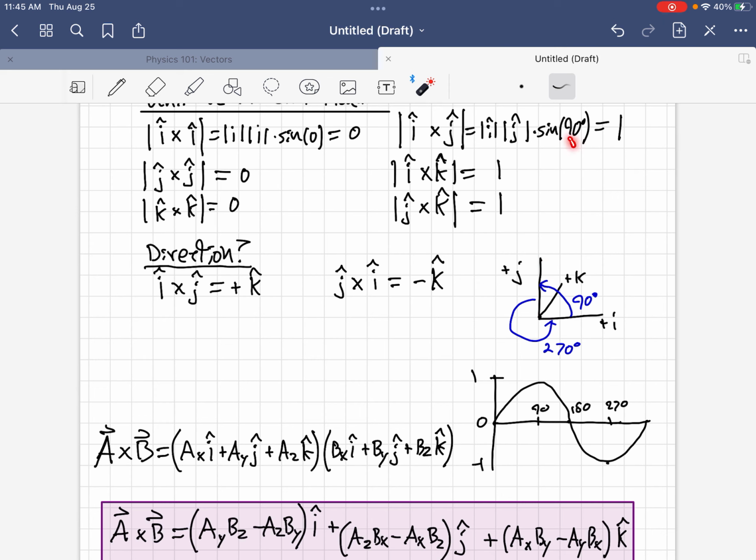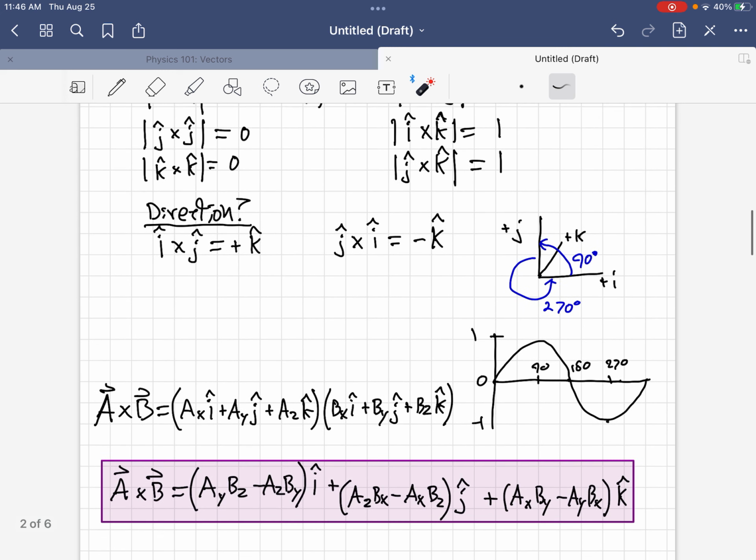So sine of 90 degrees equals 1. But what if you start at j and you rotate counterclockwise until you get back to positive I? Well, it's going to take 270 degrees to do that, and the sine of 270 degrees is negative 1. So that's kind of why j cross I is pointing in the negative k direction.